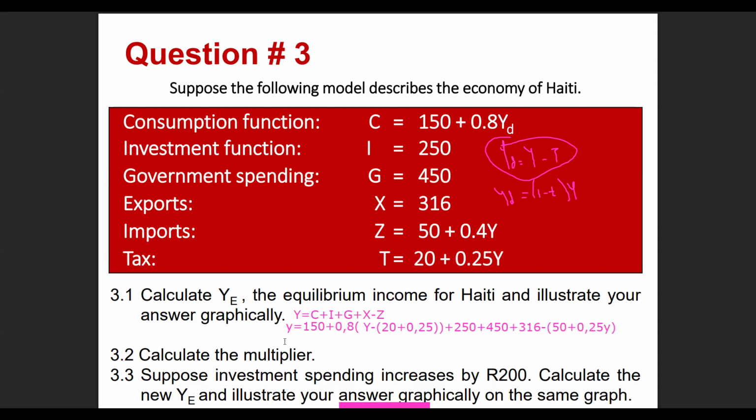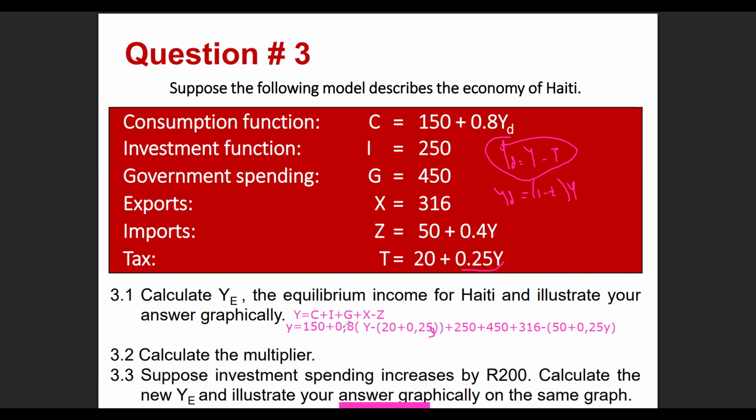And then guys, when you're doing this question, use BODMAS. So you're going to start by solving the brackets. This one is supposed to be 0.5Y, forgot a Y here, because you can see here we have Y. So we're going to start by solving the bracket: negative times 20 is negative 20, then negative times 0.25 is negative 0.25Y, right?